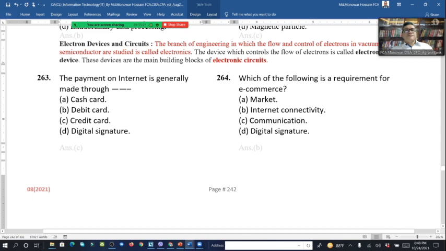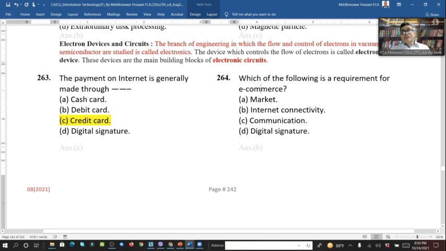The payment of internet is generally made through cash card, debit card, credit card, digital signature. What would be the answer? The payment of internet is generally made through credit card. Here, which of the following is a requirement of e-commerce?